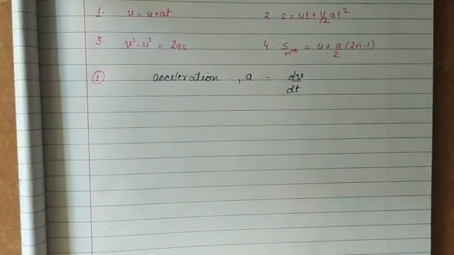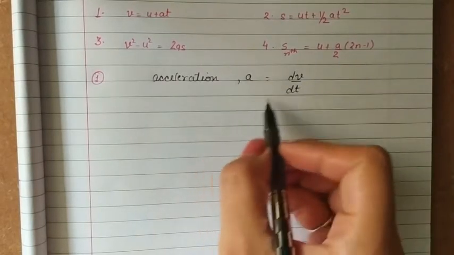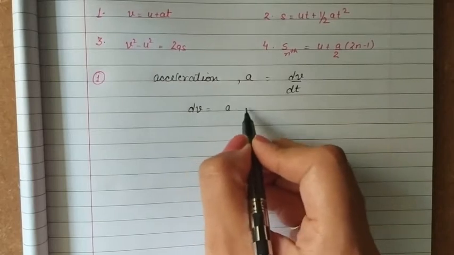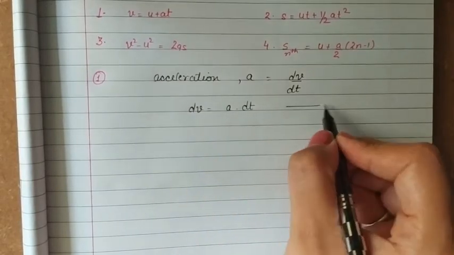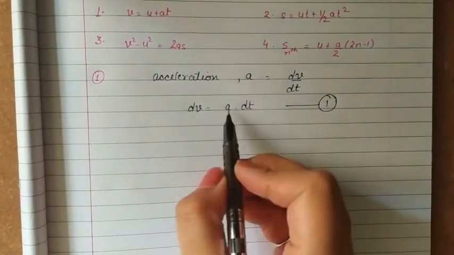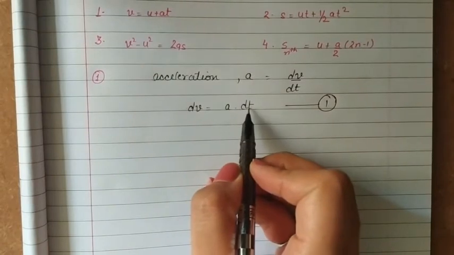So this is the expression for acceleration from its definition. By rearranging this, we can find that change in velocity is equal to acceleration into dt. Let it be equation number 1. So the change in velocity can be given as a into dt.